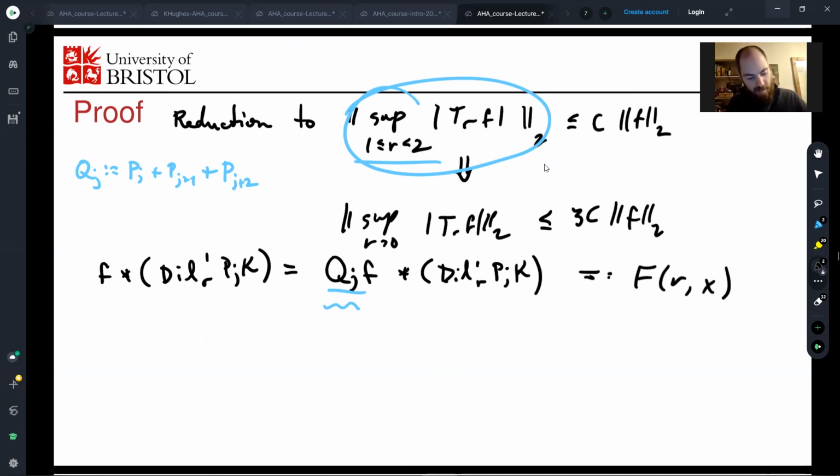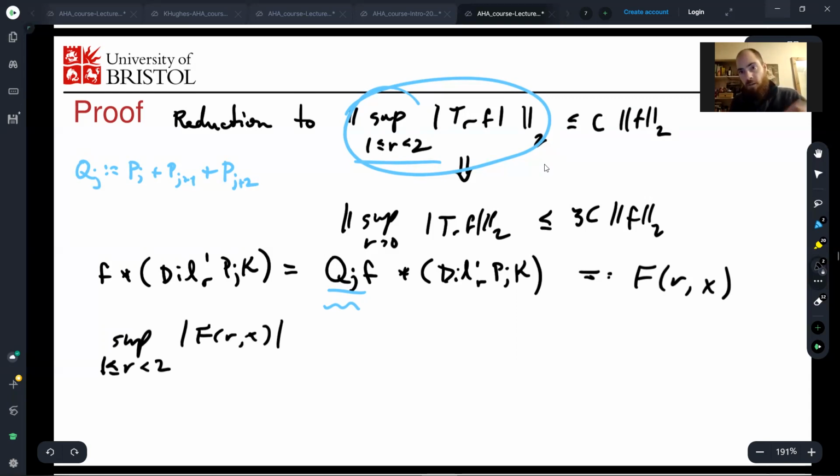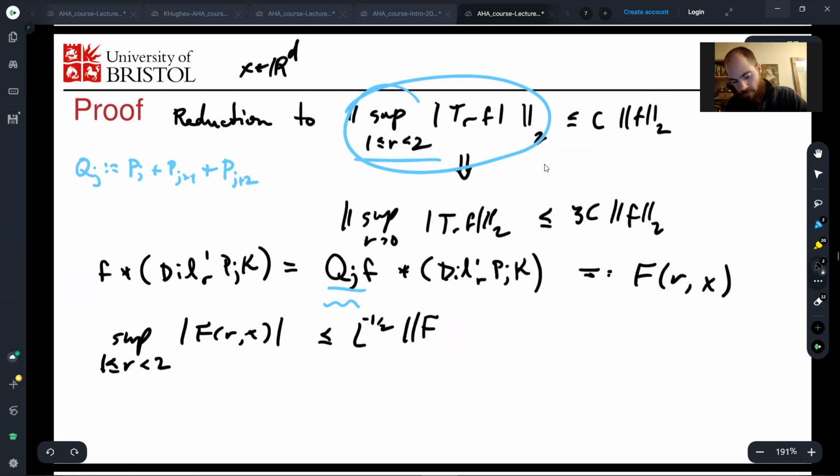So the 1D Sobolev embedding theorem said that the sup over r between 1 and 2 of fr of x, which just brings us back to a function of x, where x is in R^d, is less than or equal to L to the minus 1/2 times the L2 norm, plus L to the 1/2 times the L2 norm of the derivative with respect to r.